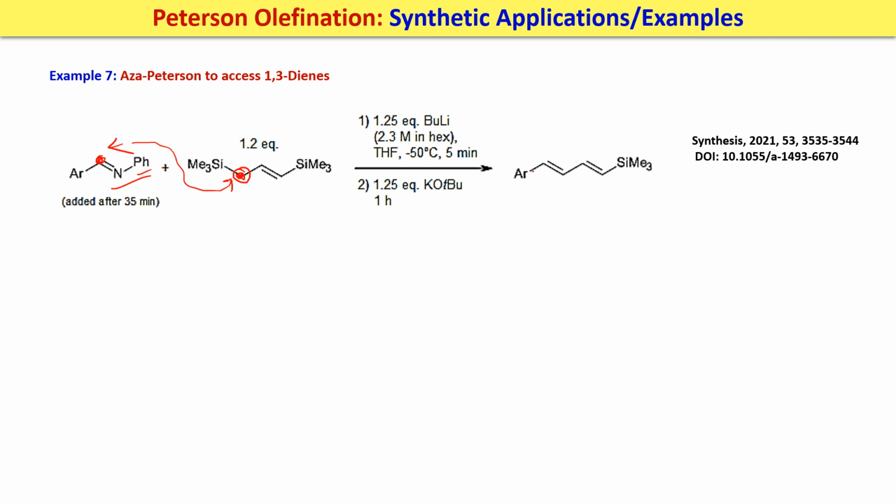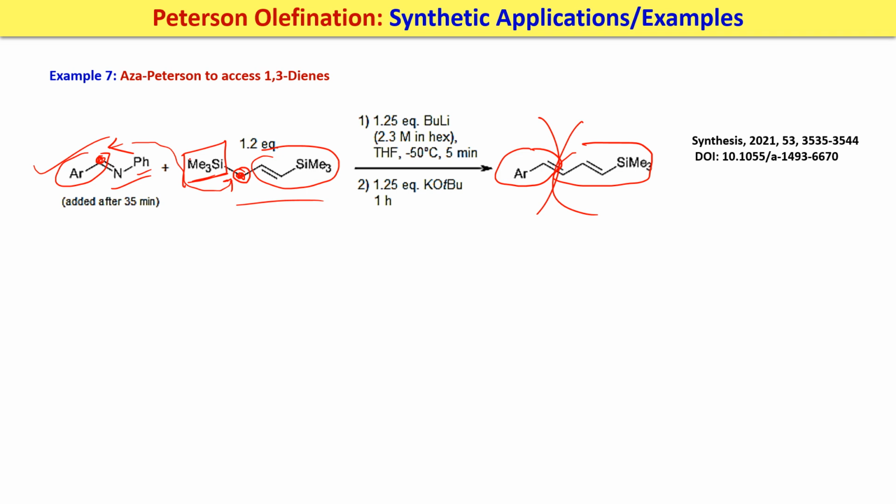If you look at the product, this side we are getting from this imine, and the other part we are getting from the other reaction partner, because this SiMe3 group will ultimately be removed. The intermediate is not shown, but ultimately the left hand side part is coming from the first reaction partner, the right hand side part from the second reaction partner, and the squared SiMe3 group I have just highlighted will ultimately be removed.